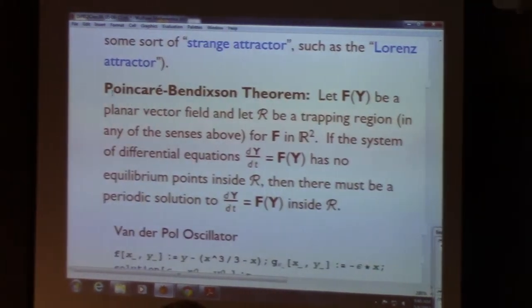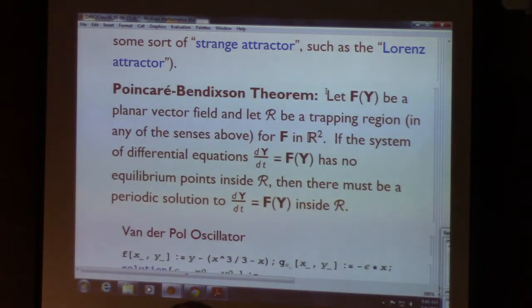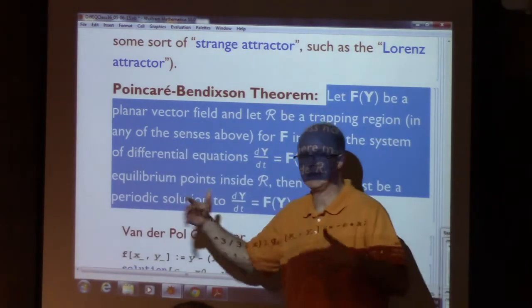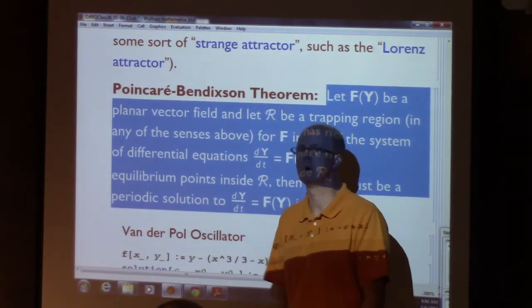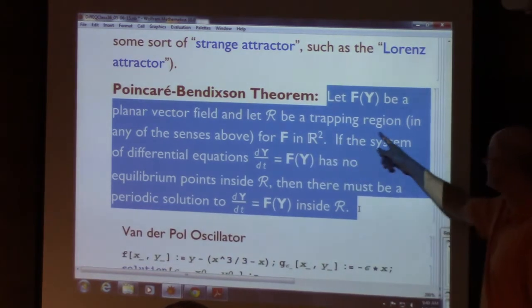We also have this thing called the Poincare-Bendixson theorem, which can be stated in lots of different ways. The simplest way to state it, I think, is as I have here. Suppose you've got a planar vector field, meaning in the plane, a system of two scalar equations. And suppose R is a trapping region.